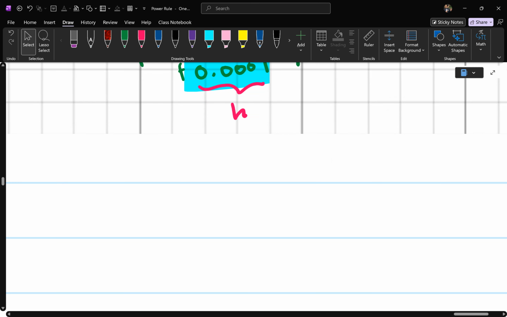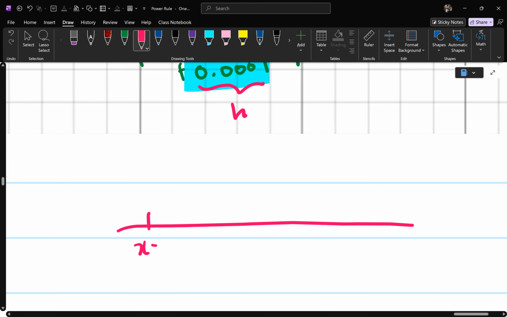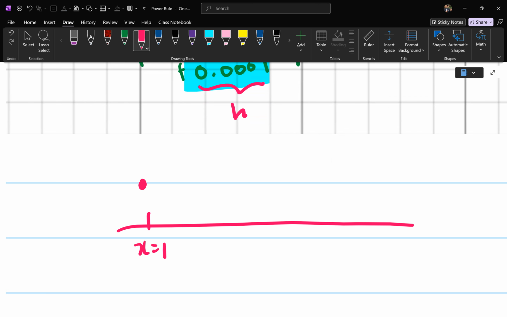So we think about the number line again. At x equals 1, that's your first point. We just need a second point now. Why don't you pick a second point and write it arbitrarily? This is starting at 1. Why don't I just say this is 1 plus h? So it's just h distance away.